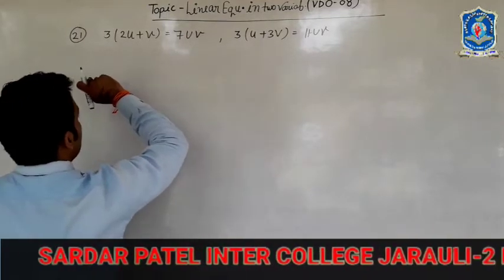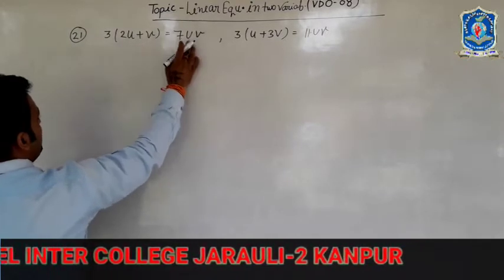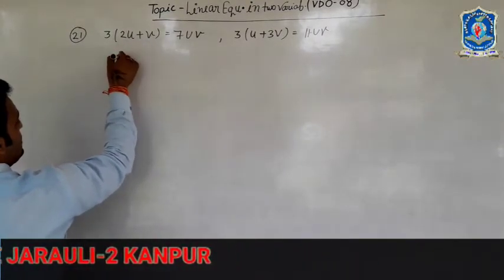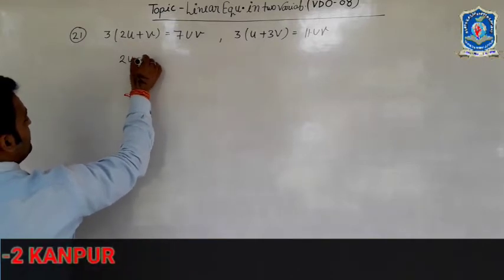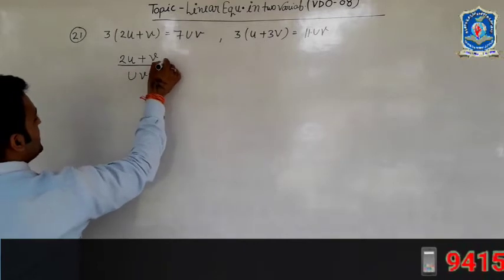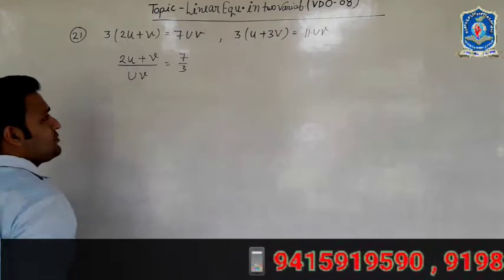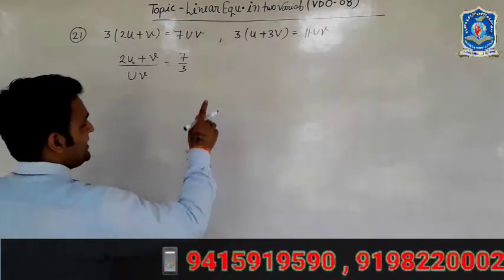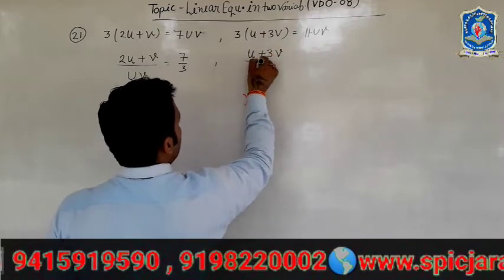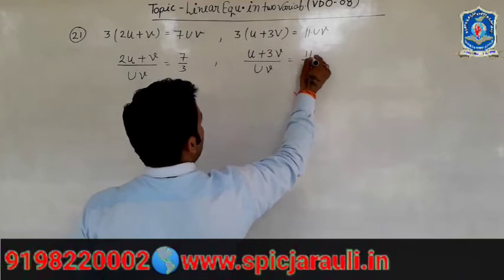First I am moving uv across. The equation will be (2u + v)/uv = 7/3, and (u + 3v)/uv = 11/3.